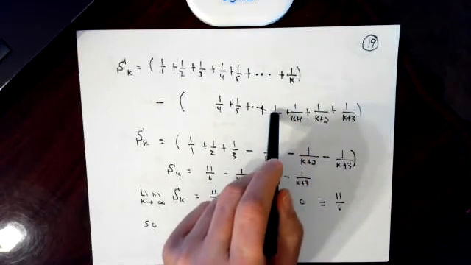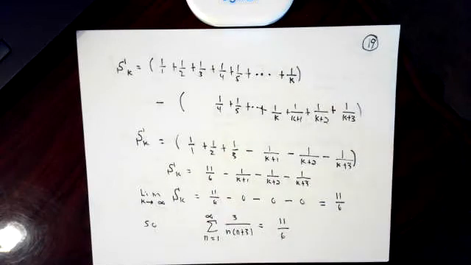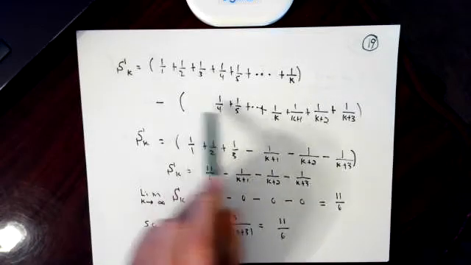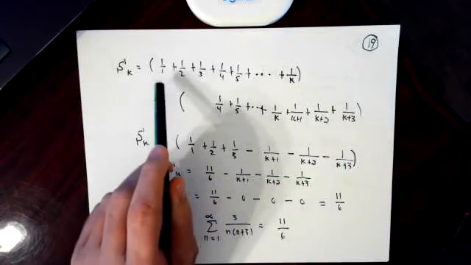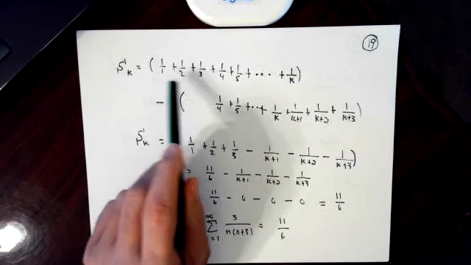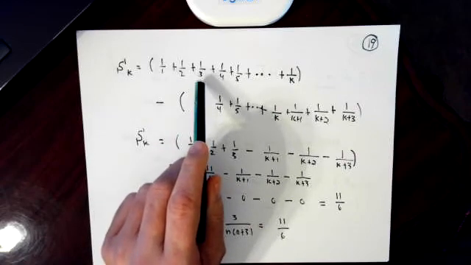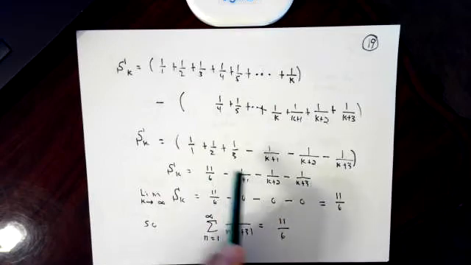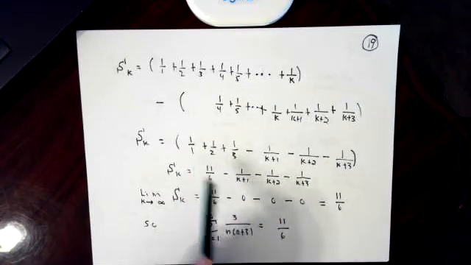The 1 over k's are going to cancel each other out as well, but there's some stuff that doesn't cancel out. In here, I'm never subtracting away 1 over 1 or 1 over 2 or 1 over 3, so those stay.